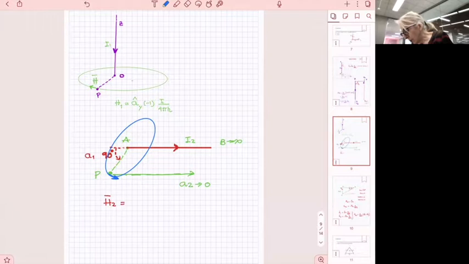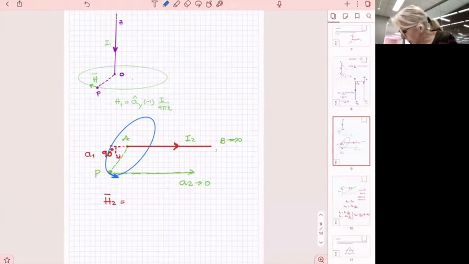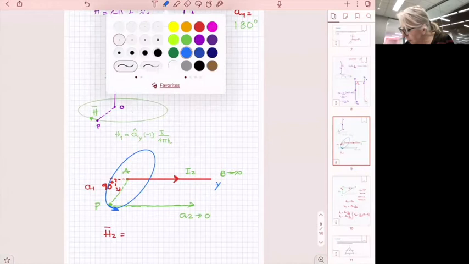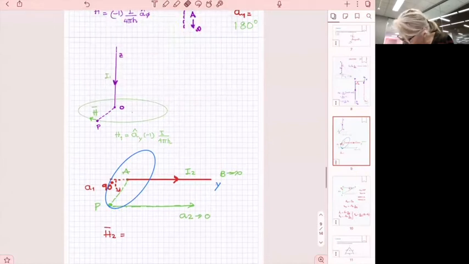If this is the y direction, and this is the z direction like that, this one is going to go along the negative z direction. Am I right? It's going to be like this.